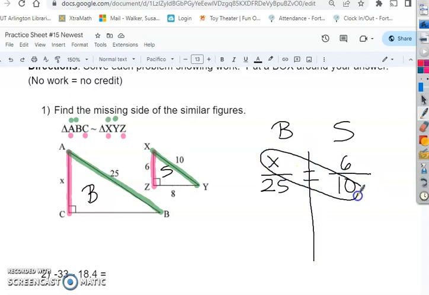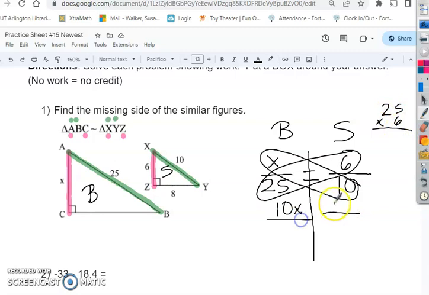Most of us are good here, hopefully, but we write 10x. Your job is to multiply this, and you're going to put it on top right here. Then you'll divide both sides by 10, and then you will have x, which should be bigger than 6, because it's a bigger shape.